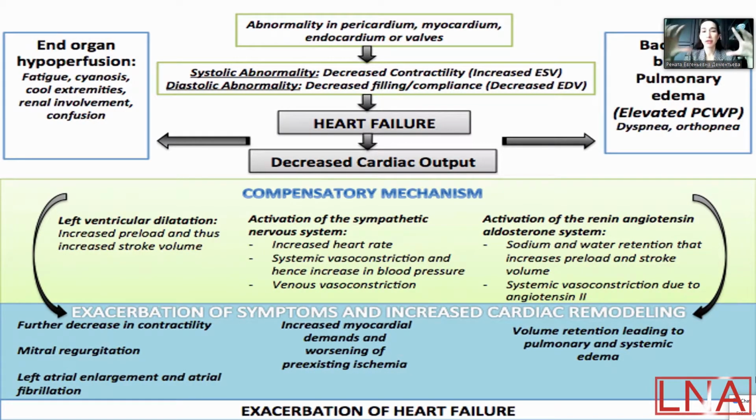All these compensatory mechanisms lead to exacerbation of symptoms and increased cardiac remodeling, further decrease in contractility, and mitral regurgitation. In this case it will be relative mitral regurgitation, caused not by valve damage but by dilatation of the left ventricle and of the ring of the mitral valve, and left atrial enlargement and atrial fibrillation.